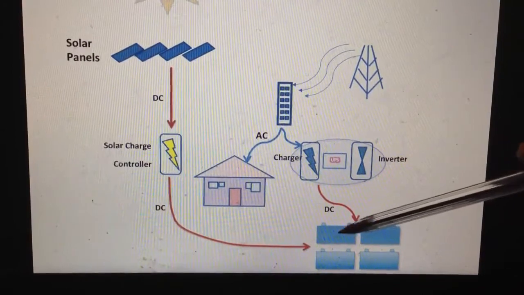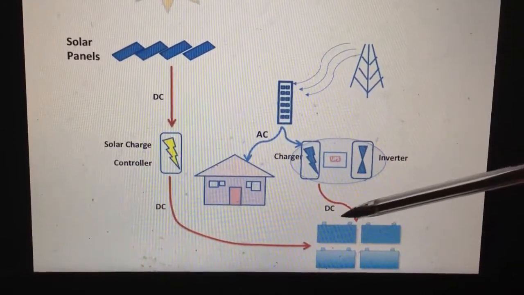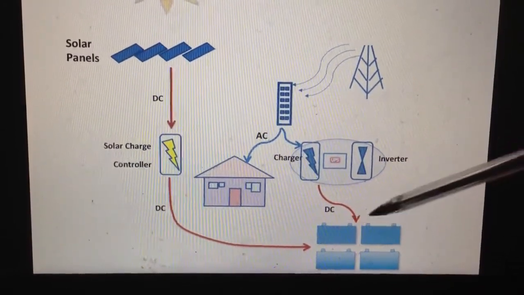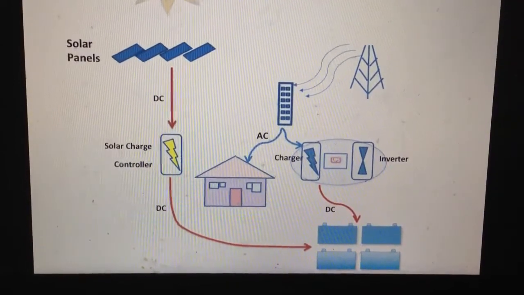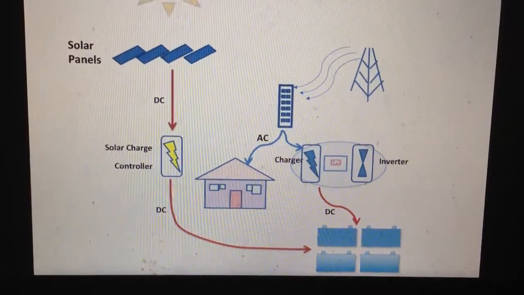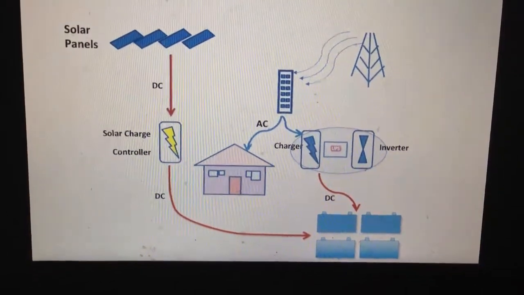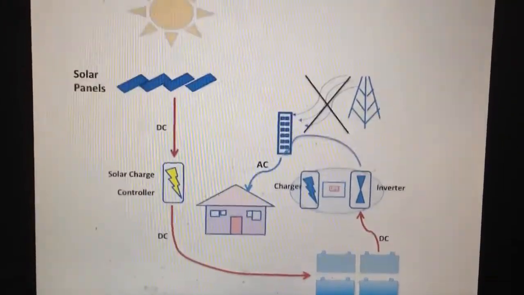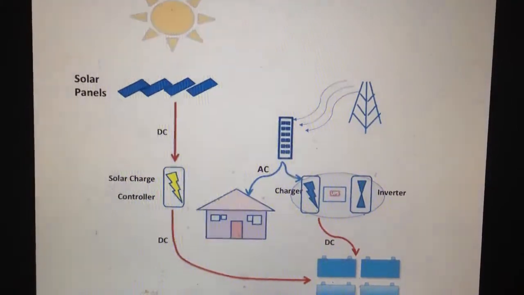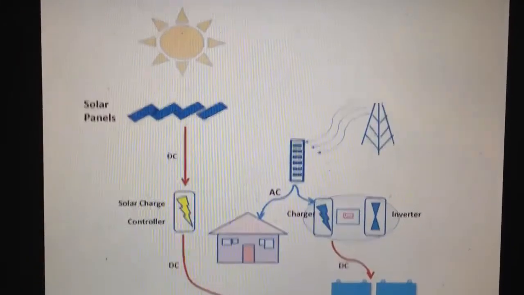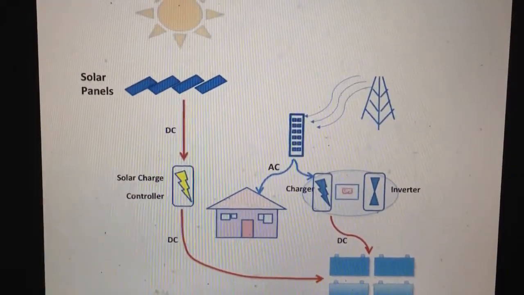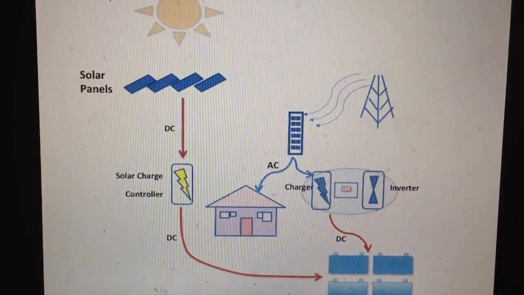So you can see your batteries now have the luxury of two different simultaneous sources of being charged. So it works well when there is no grid power, and it works well when there is grid power. Okay.